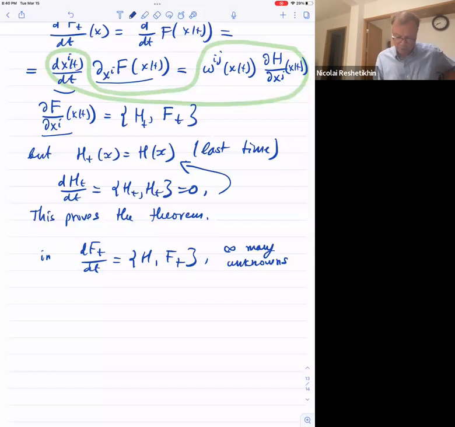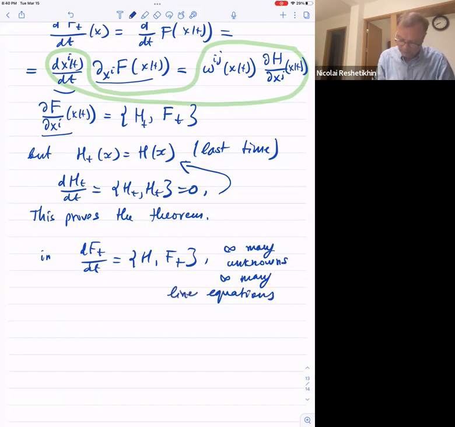In polynomials, we have a polynomial basis. So then we can say that there are infinitely many unknowns. These are the coordinates of this polynomial basis. And infinitely many equations. But these equations are linear.